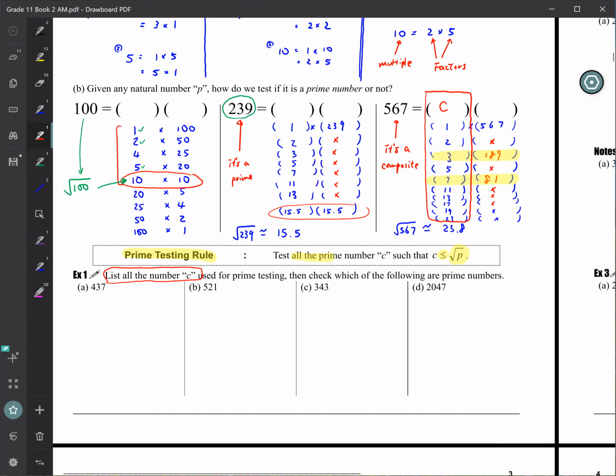After you list out all the C, then you do the checking. And then your conclusion is prime or not prime. So pretty straightforward, right? List out all the C and then test for prime or not. When you finish, please raise your hand, okay?